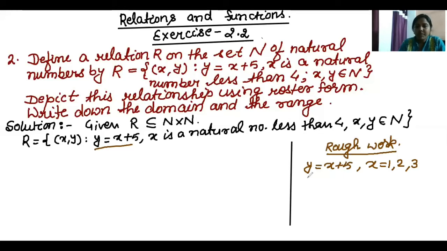So one by one we'll find out y. When we take x equals 1, y equals 1 plus 5, and this is 6. So 1 is related to 6. We will write here first element of R, that is (1, 6), because 1 and 6 both are natural numbers.